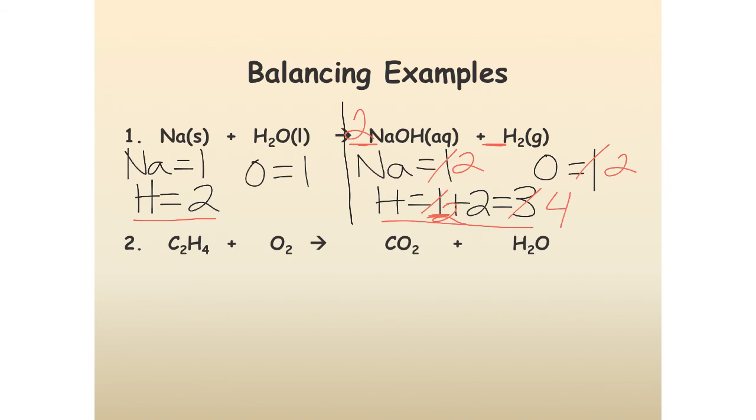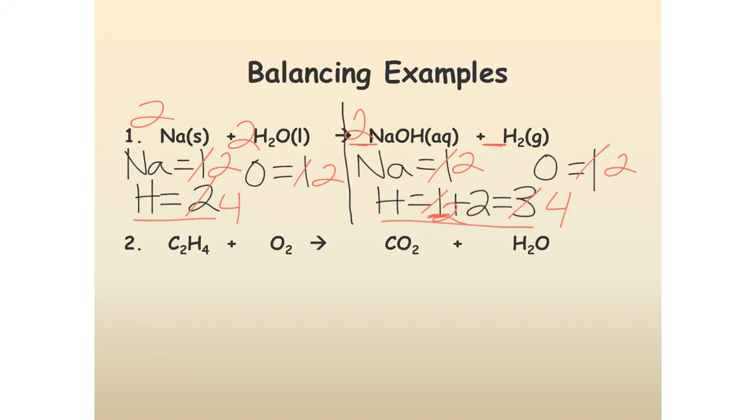If you put a 2 in front of water, that would give us 4 H's, 2 O's, so we're starting to see that we're on the right track, and then just a 2 in front of the sodium would then have us be balanced. So our coefficients would be 2, 2, 2, 1. And that gives us the mole ratio of how they react.